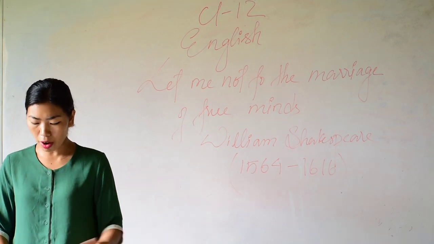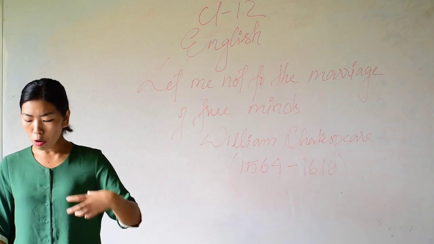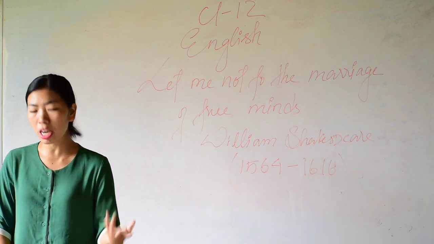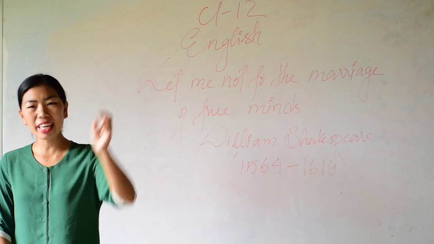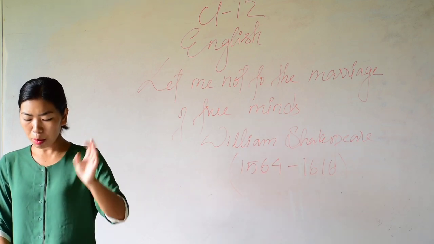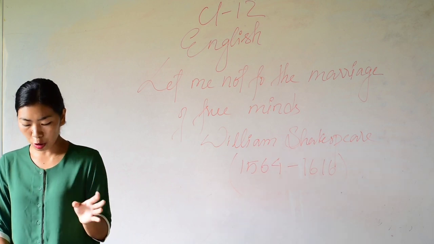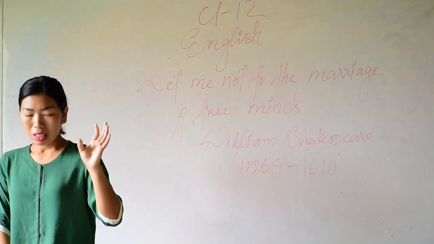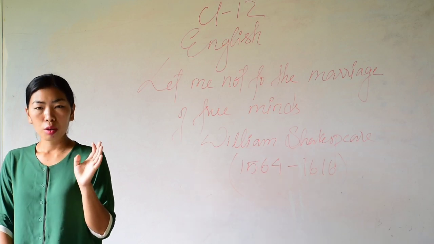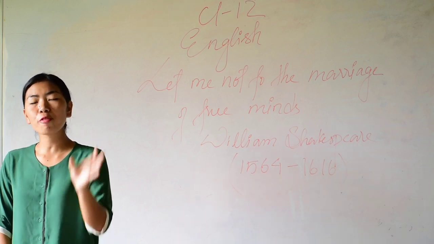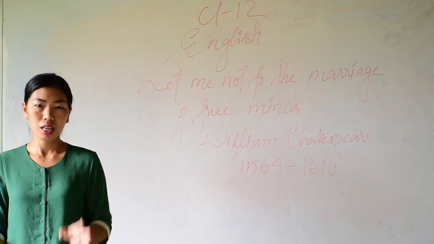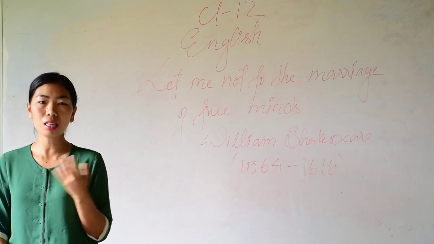He's talking about the star, and the worth of a star cannot be measured, though its height can be measured. So just like that, the worth of true love cannot be measured. That's what he's trying to say in the second quatrain.